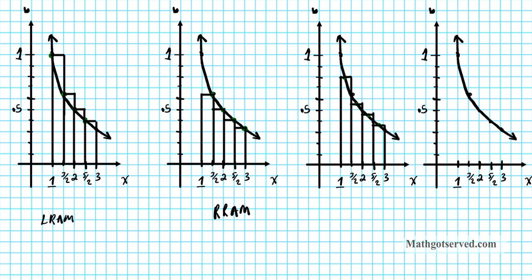So this is your MRAM, the total area of these rectangles. So what does the actual area look like? Well, the actual area has no rectangles. The actual area is basically the area underneath the curve from 1 to 3. So this entire area right here, that is what the actual area is. All right, so that's basically that.